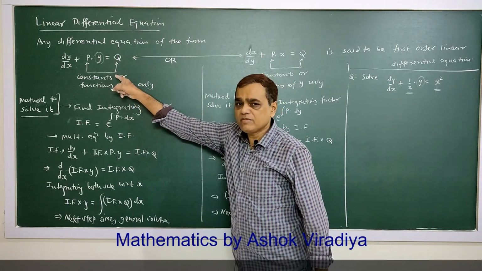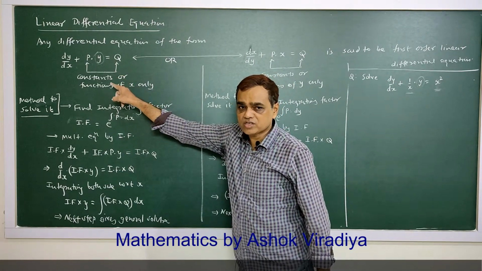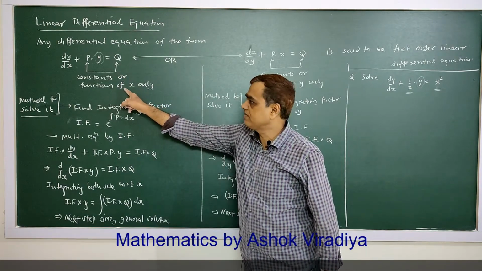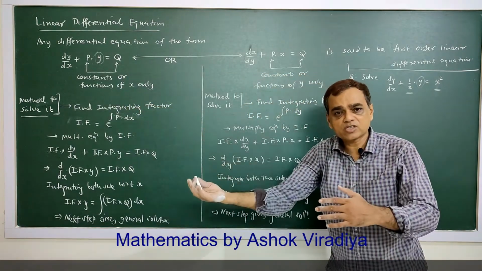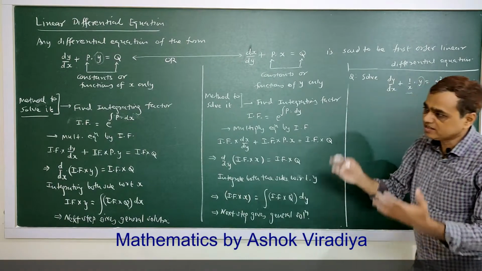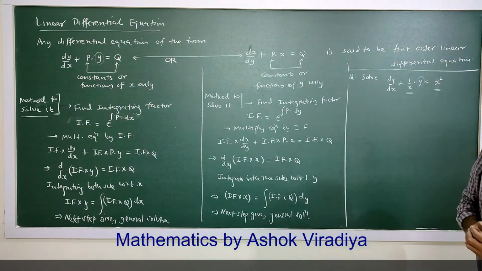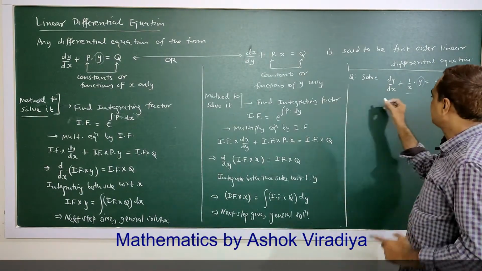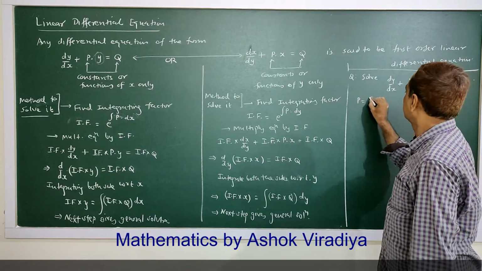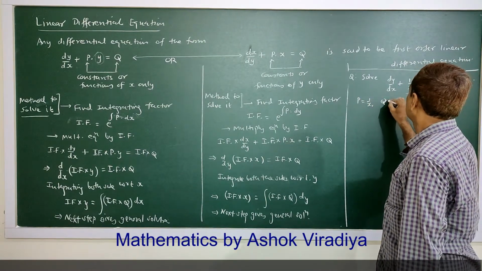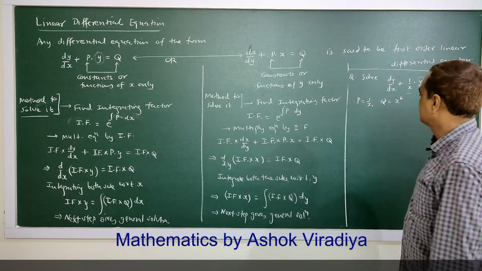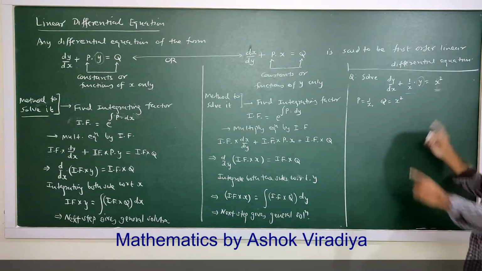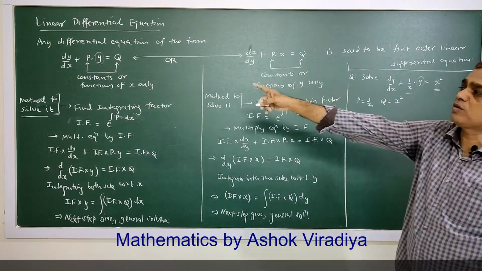P and q can be constants, both can be constant, any one can be constant, both can be functions of x, any one is constant and the other is a function of x, anything can be. So here this is p. P is 1 upon x, q is x square. This is a linear differential equation of this form.